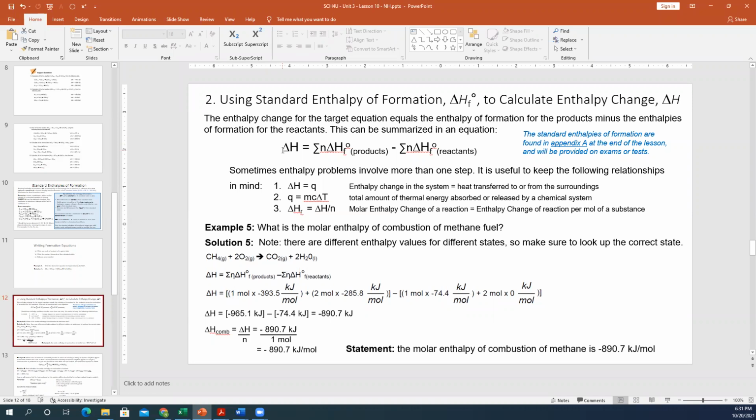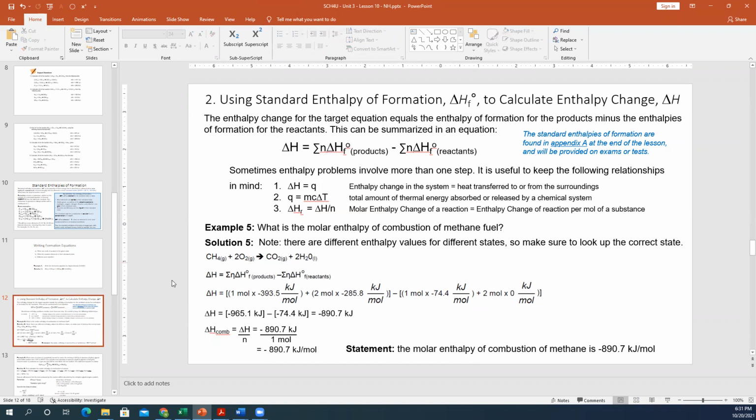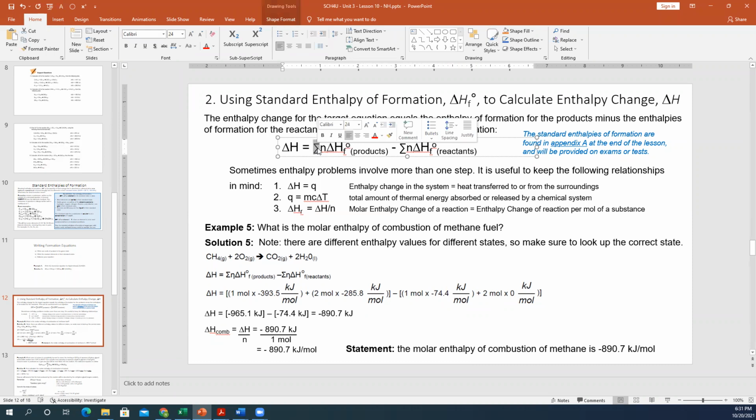And this is an equation that summarizes what I just said. All the enthalpy formation of the products minus all of the enthalpy formation for the reactants. And this symbol, many of you know, means the sum of, the total of the enthalpy formation of all the products and the total of enthalpy formation of the reactants. You subtract those.